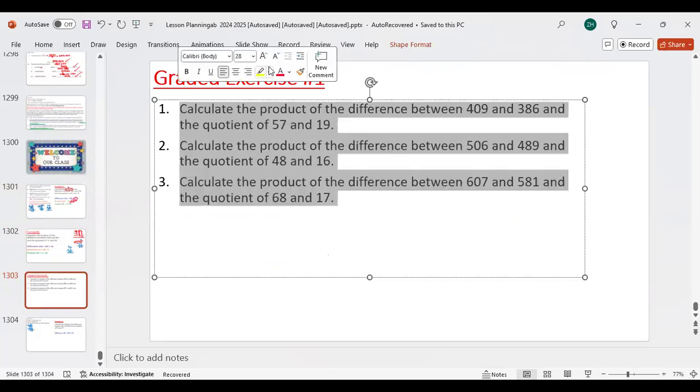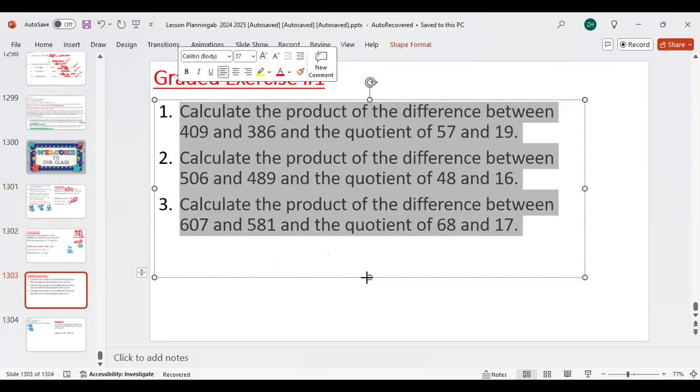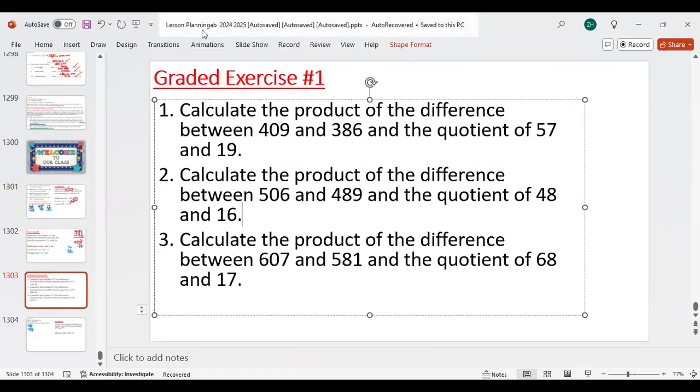Just those 3 that I want you to do inside of your book. Do it by yourself. Just those 3.